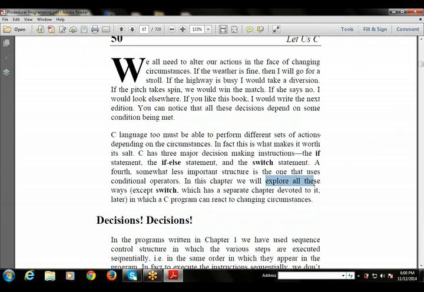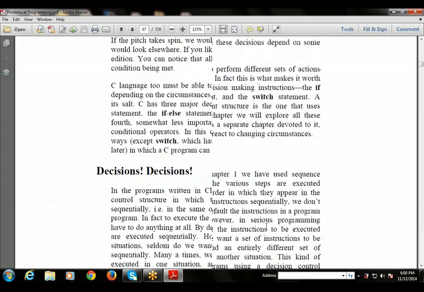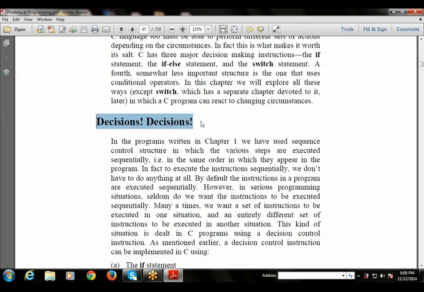In this chapter we will explore all these ways, except the switch, which has a separate chapter devoted to it at a later stage, in which a C program can react to changing circumstances. Now, what is meant by decision?